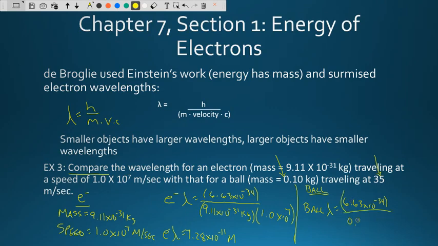Its mass is 0.10 kilograms. Notice that those units are the same, and its speed is 35 meters per second. Those units are the same. So my wavelength for the ball ends up being 1.9 times 10 to the negative 34.